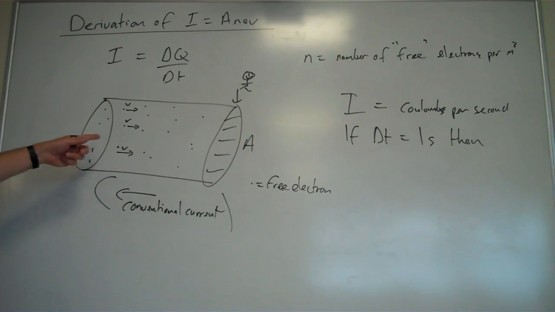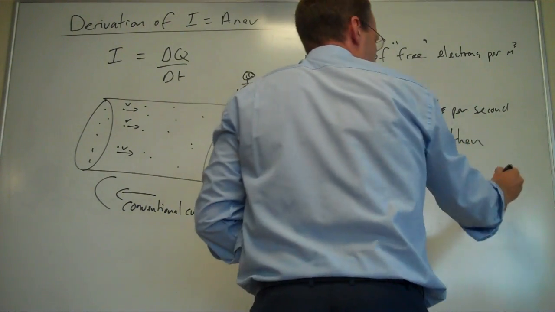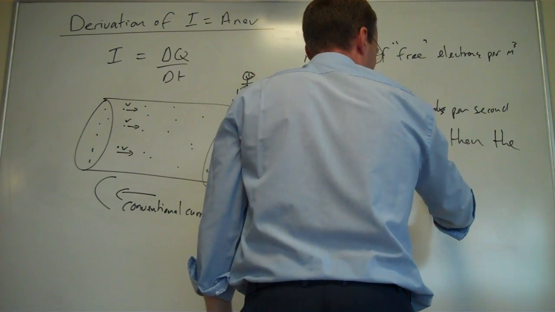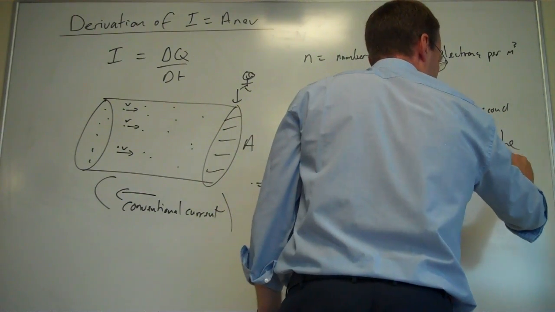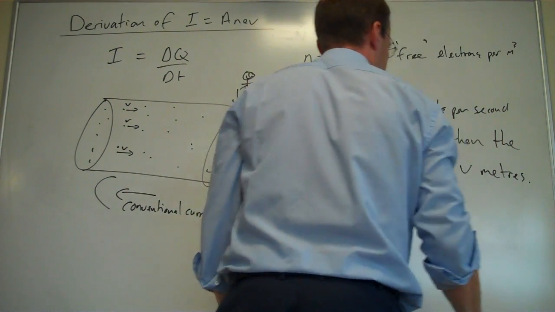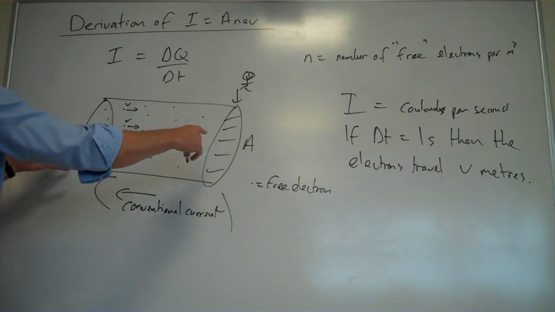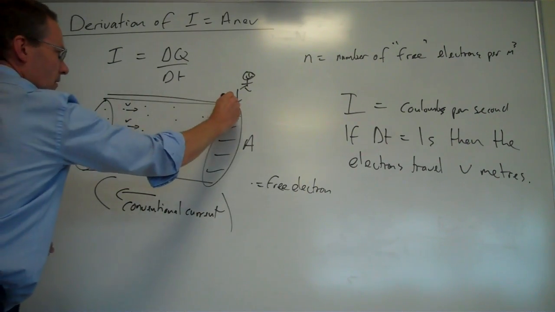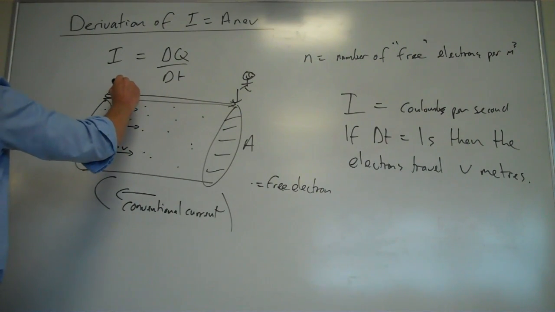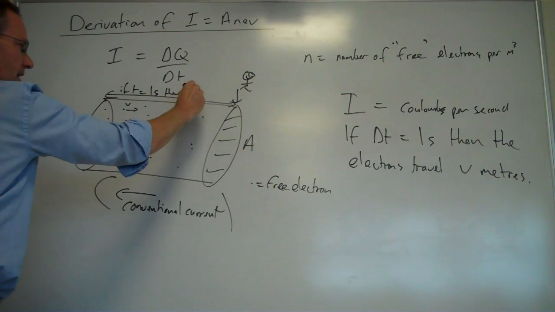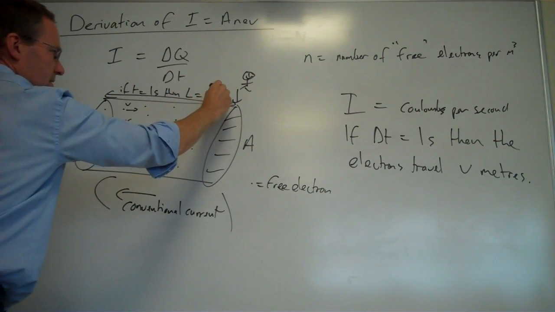So in other words, in 1 second they travel v metres, don't they? So, if delta t equals 1 second, then the electrons travel v metres. In other words, if we think of this as one block, then this length, L, equals v metres.